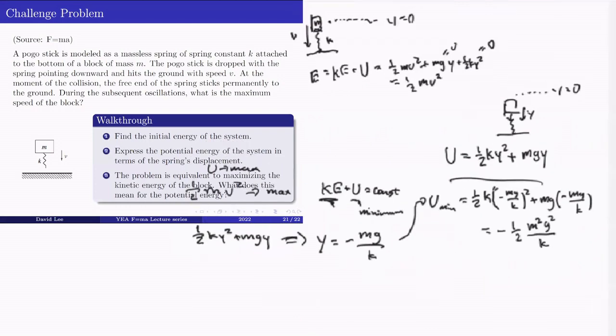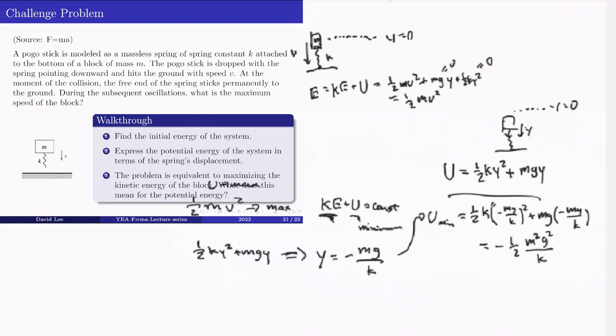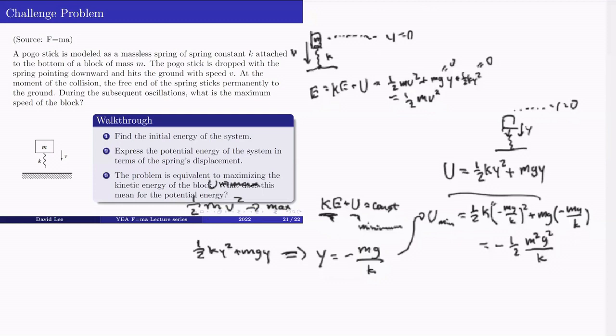Now we have our minimum potential energy. Let's find our kinetic energy. We got our initial energy, that's just 1/2 mv squared, and this is equal to our maximum kinetic energy plus our minimum potential energy.